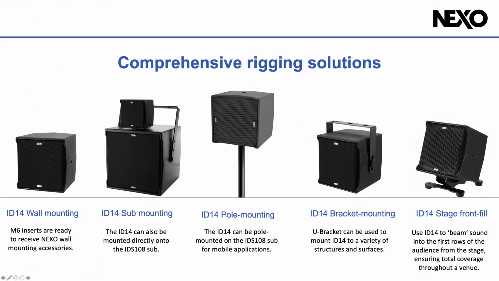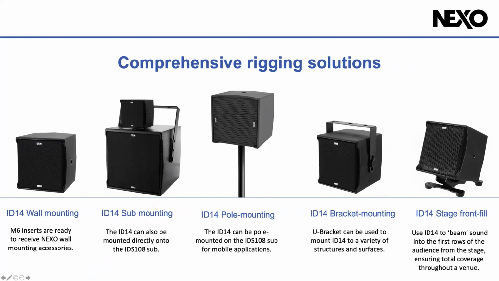So you can see, they're easy to wall mount. There are M6 inserts on multiple sides of this, specifically the ID14. There's U brackets for all of them. You can actually mount an ID14 to an IDS 108 and still use a U bracket to be able to mount that as well.